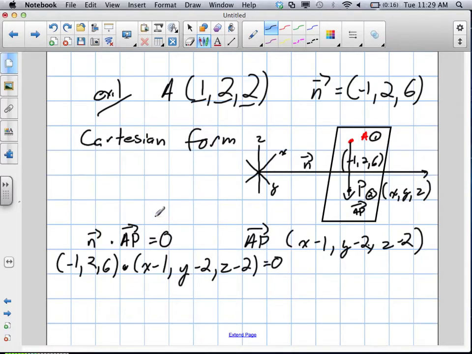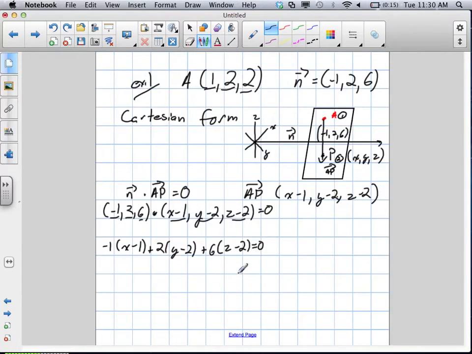Okay. Now we know the dot product of our component form. We take the X values, multiply them, then add it to the Y values multiplied, then add it to the Z values multiplied. So we have -1 times X minus 1 plus 2 times Y minus 2 plus 6 times Z minus 2, all equal to 0.